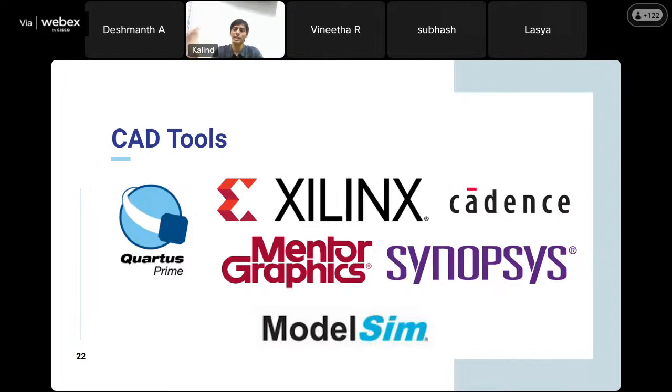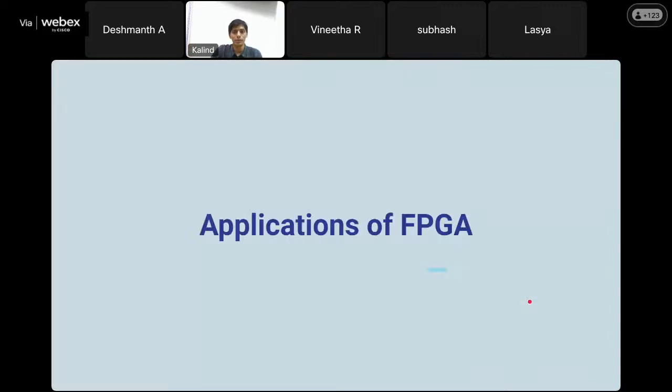That's why it is a very advanced tool. If you are asked to design an ASIC without realizing it on FPGA, you are supposed to use Cadence, and it is proprietary software, so you need to get a license to use it. I hope these tools are clear to you.